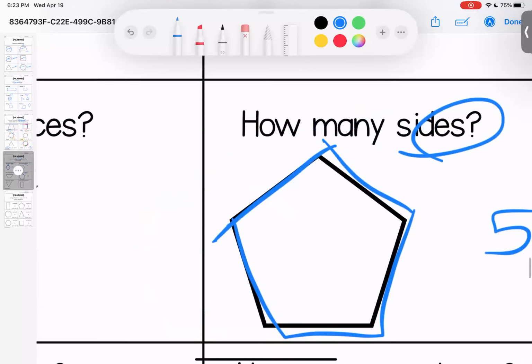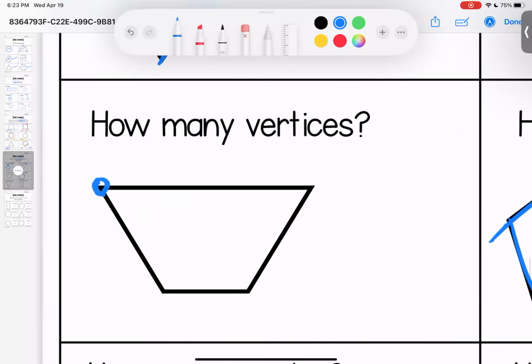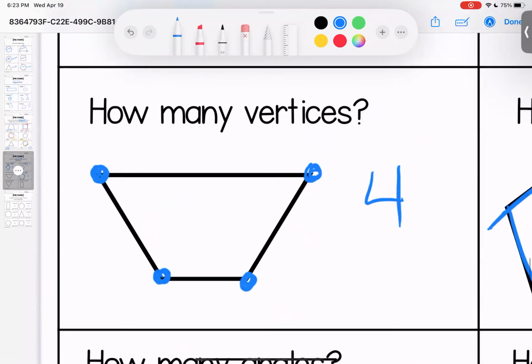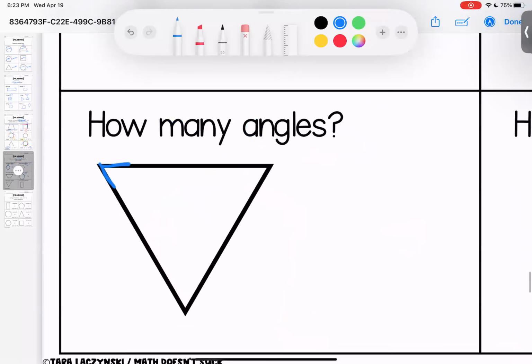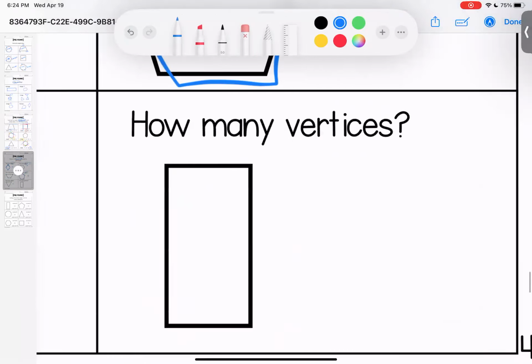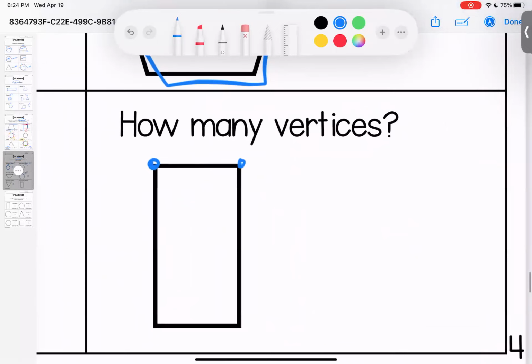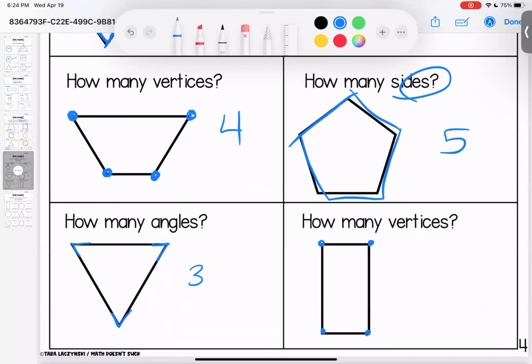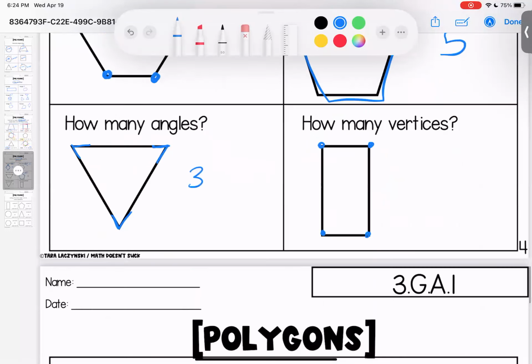There are 5. How many vertices? Those points. How many do we have? Let's draw them on. There are 4. How many angles? 1, 2, 3. Remember the shape's called a triangle, which means it has 3 angles. And then back to the vertice club. 1, 2, 3, 4. Questions on this page, my little nuggets of joy, bring them with you to class.